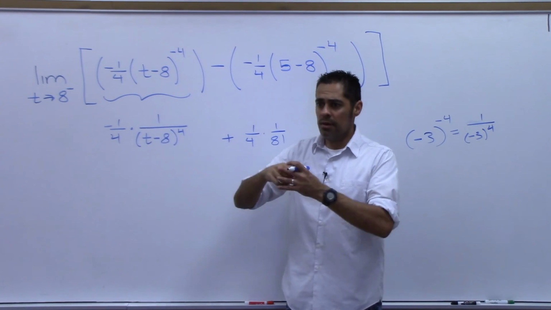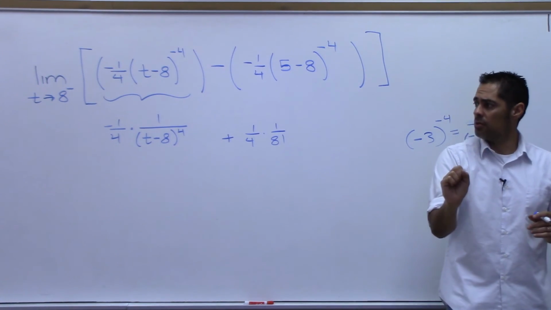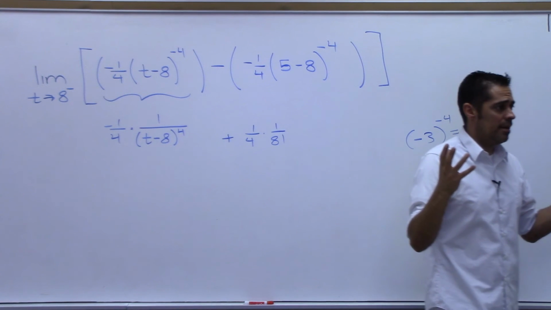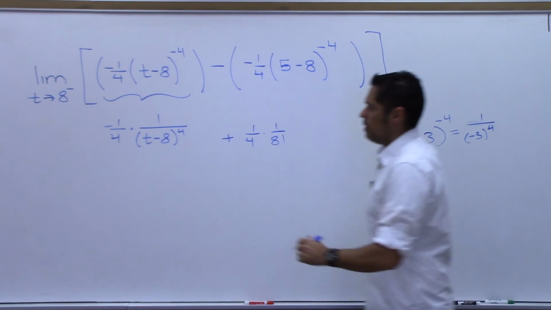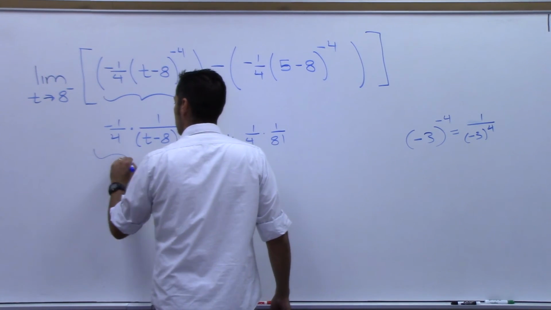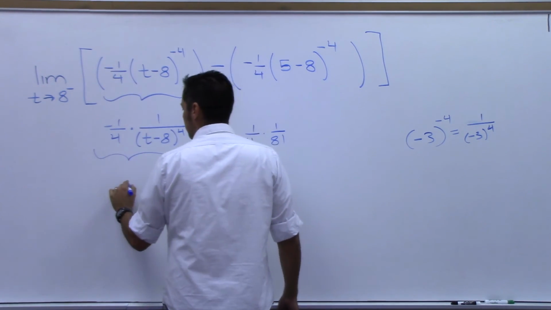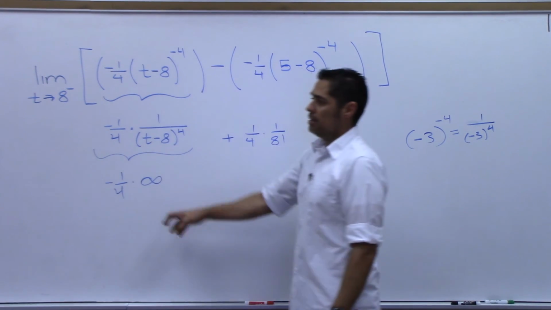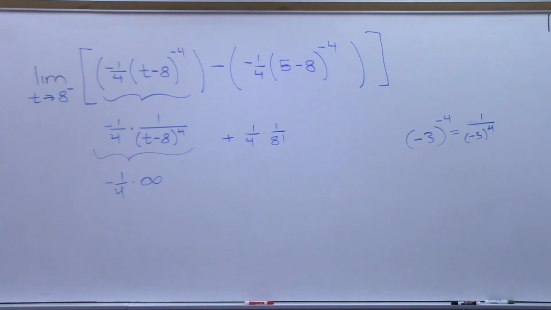And 1 over 0 is going to explode. As we get closer to 0, it's not actually 0 because it's a limit, so that's going to get really big, which means it becomes infinite. So this goes basically to infinity, and the negative in front makes it negative infinity. The whole idea is that it diverges. It does not converge. So the answer to this is that it diverges.